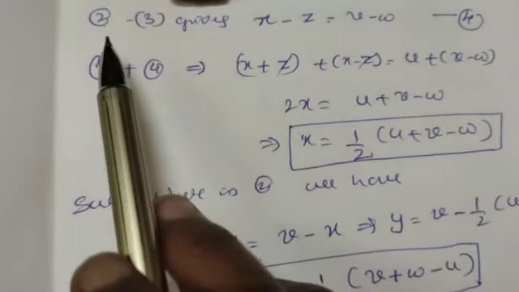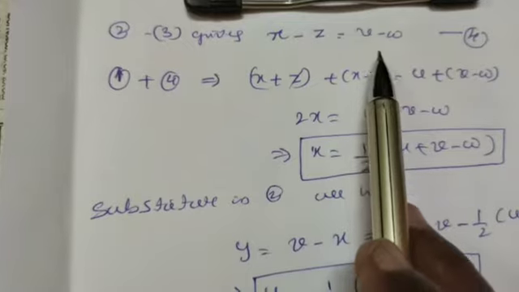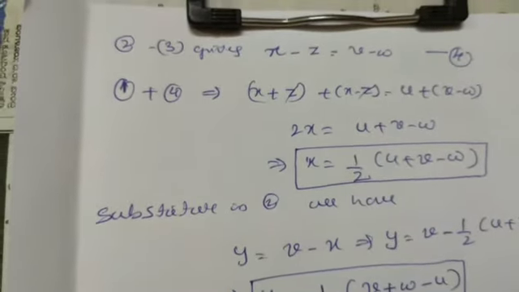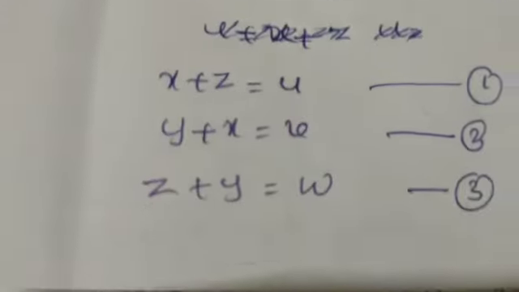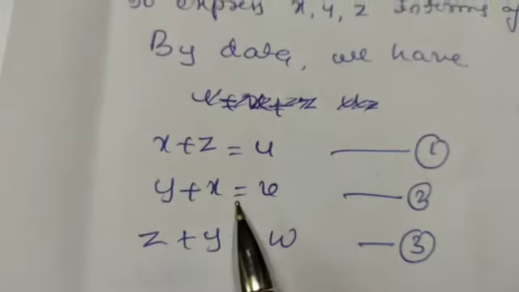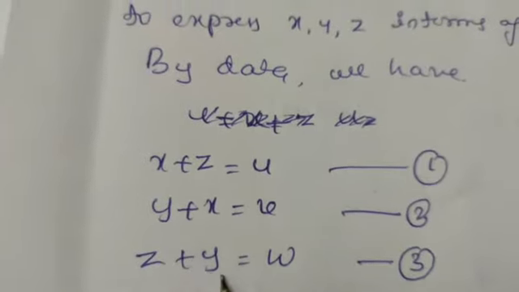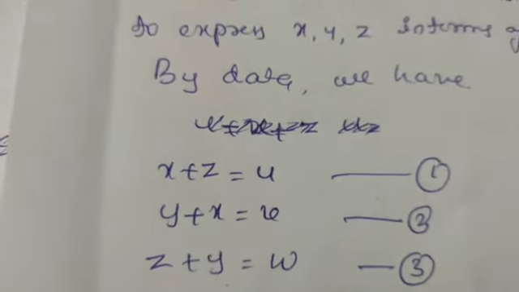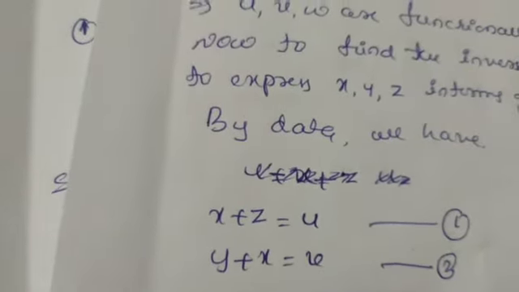Now equation 2 minus equation 3 gives x minus z equals v minus w, because in equation 2 we have y plus x, and minus equation 3, y gets cancelled, only x minus z remains, so x minus z equals v minus w.